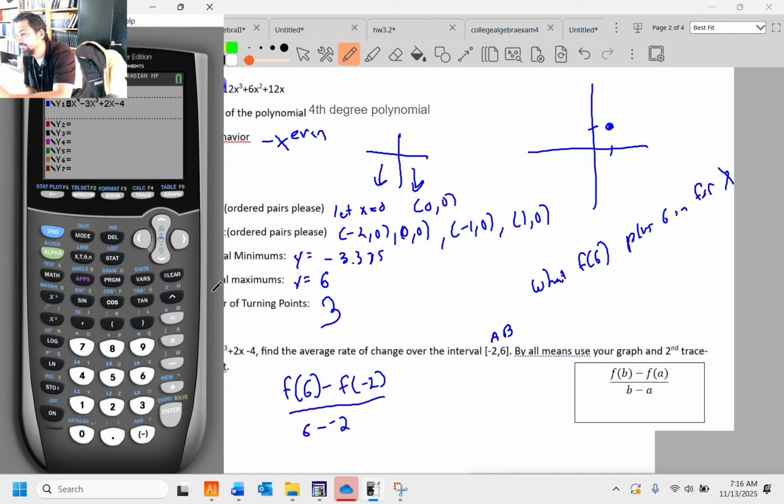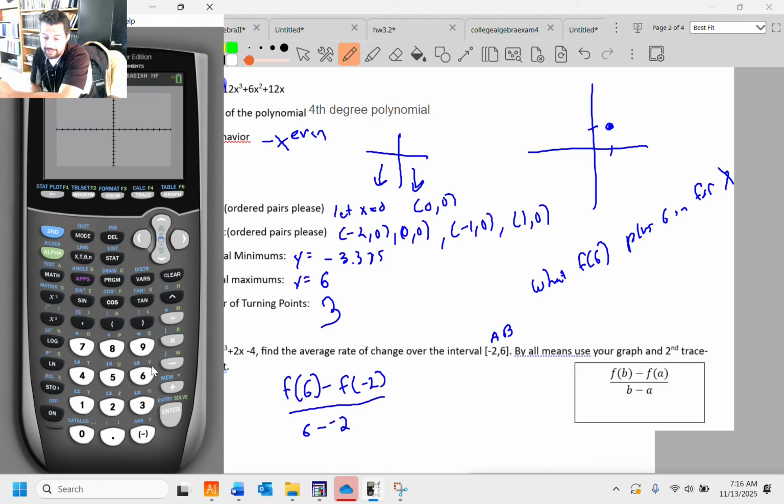Anyway, zoom 6 it. And let's do the correct procedure now for f of 6. Find y. F is for find. Or it could be read as f is a function of 6, which means you plug a 6 in. Second trace, value when x is 6. I get 656.